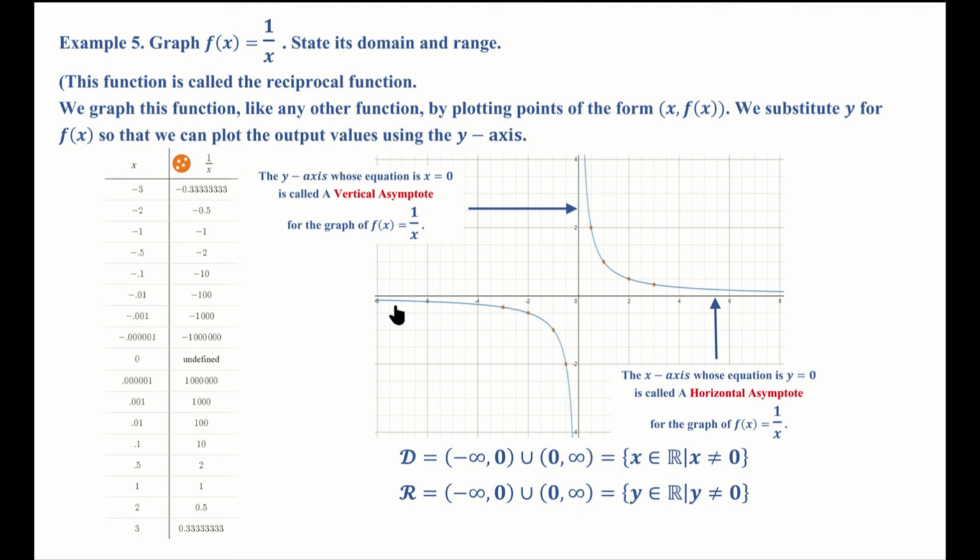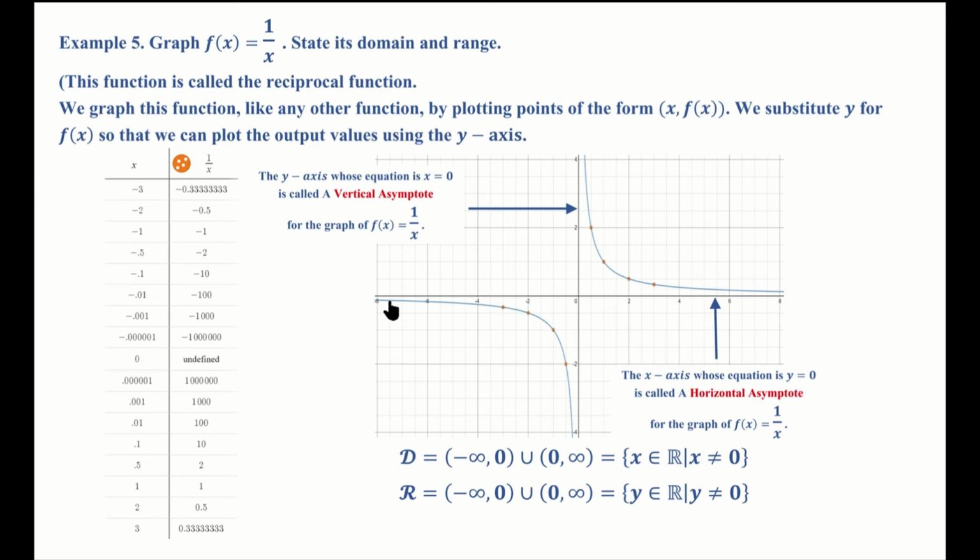Now, in this way, too, notice as the values of x here get smaller and smaller, like -10, you get -0.1, etc. So the y values going this way become really small. Going towards 0, they become really large negative numbers.